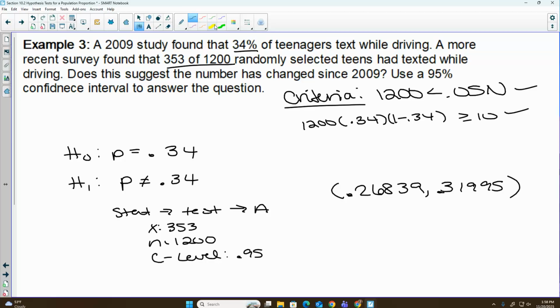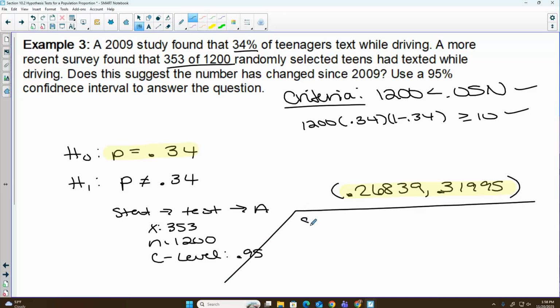Okay. Look at your null hypothesis. Is 0.34 in this interval? No, I am 95% confident the correct value is in this interval, and it isn't P. So what would I say? We reject.